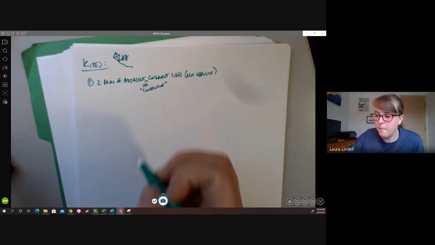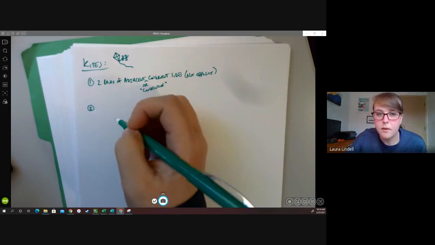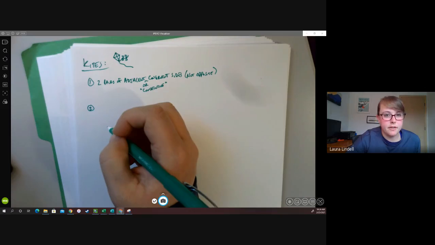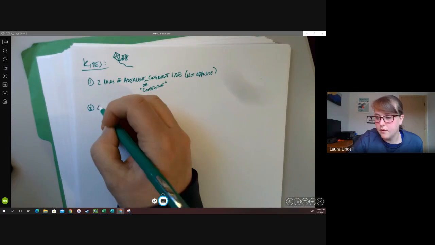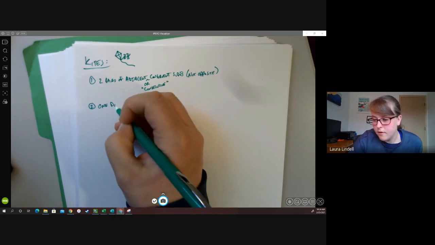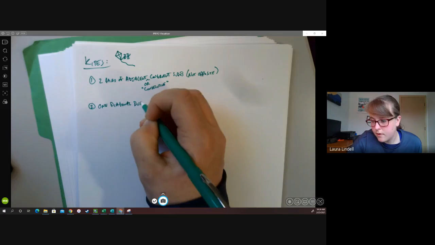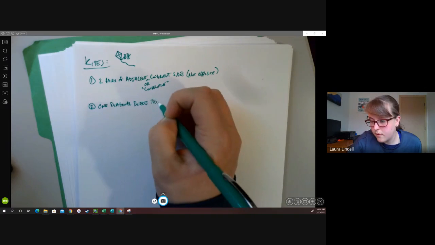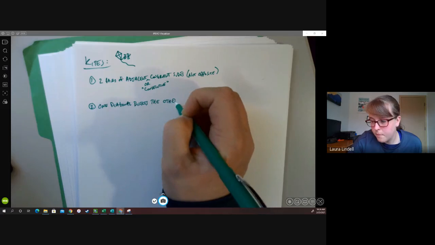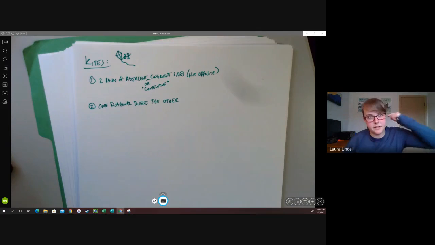And then one diagonal bisects the other. And we'll see which one bisects the other one when we start drawing pictures.